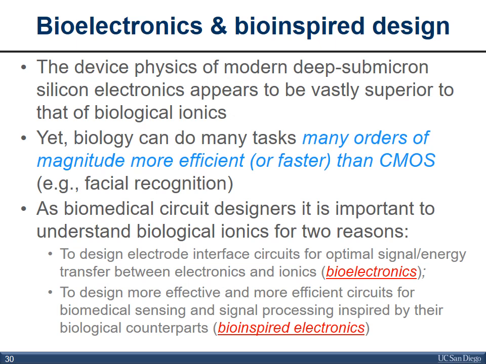In fact, even things like computing, like image recognition, for example, the human brain is far, far better than even supercomputers at doing things like image recognition. And the human brain is much smaller, much more efficient, et cetera.